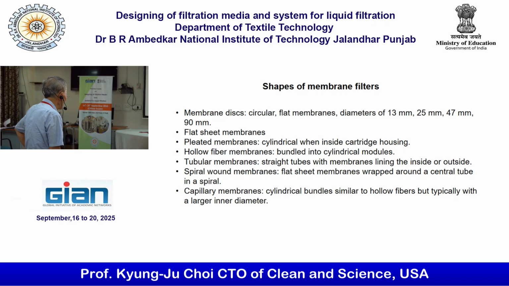Hollow fiber membranes, bundled in a cylinder. He already showed us. A tubular membrane, a straight tube with a membrane lining inside or outside. Spiral wound membrane, flat sheet membrane wrapped around a central tube in a spiral. Capillary membrane, cylindrical bundle similar to hollow fiber, but typically with a large inner diameter.